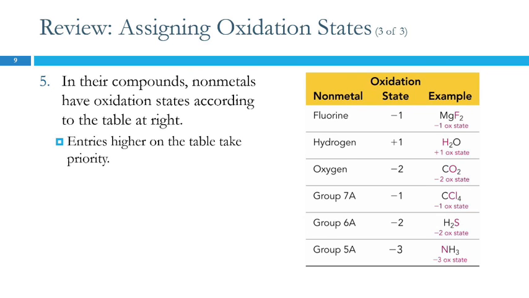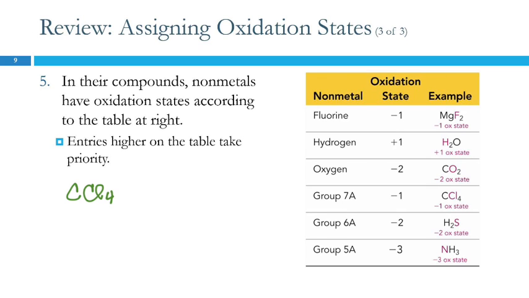Let's maybe just do one quick example here. So CCl4, nonmetals, no charges, molecular compound. But we can predict oxidation states, which are like imaginary charges. So we've got chlorine, we've got carbon, and we've got chlorine, right? So we think to ourselves, FHO765, are there any fluorines? Nope. Hydrogen? Nope. Oxygen? Nope.